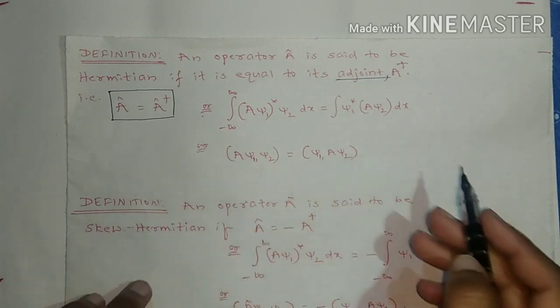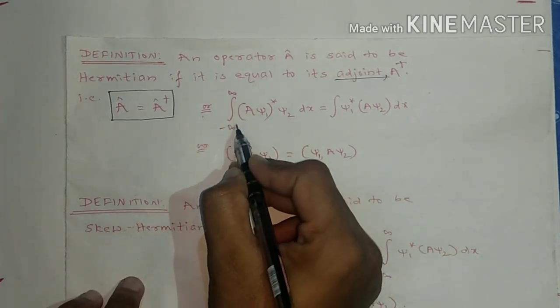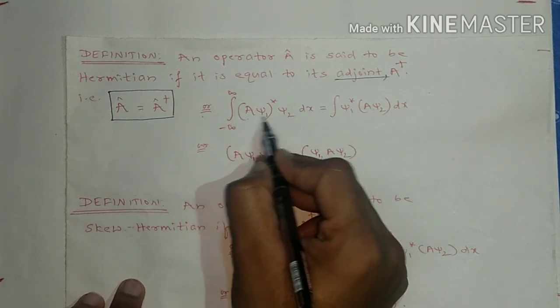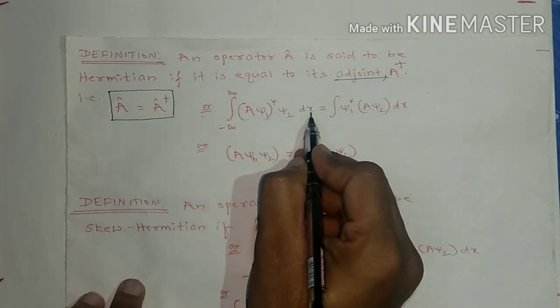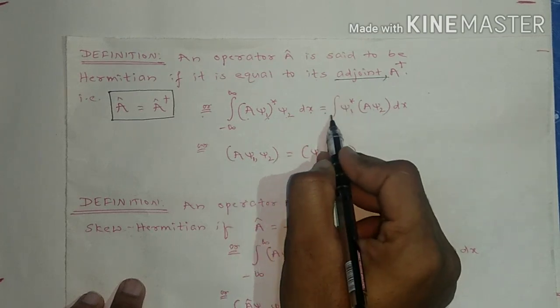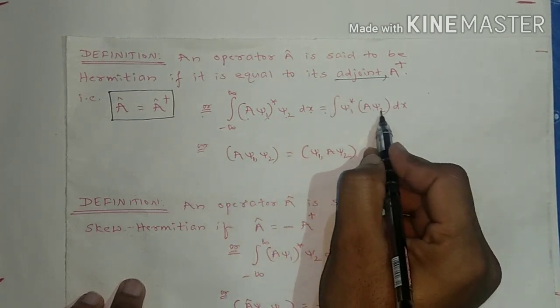That definition is the integration over all range of (A psi 1) star psi 2 dx is equal to the integration of psi 1 star (A psi 2).